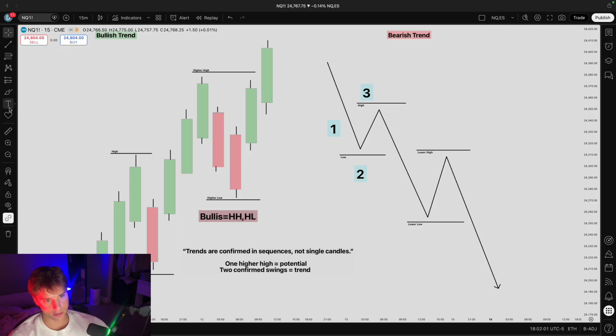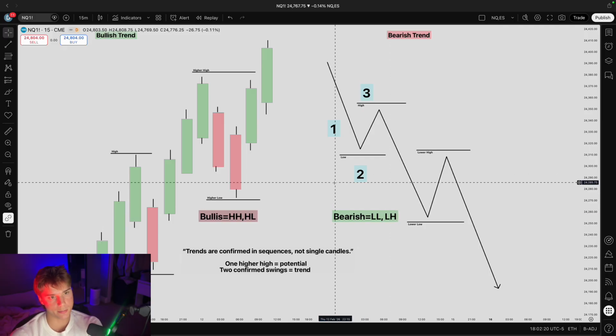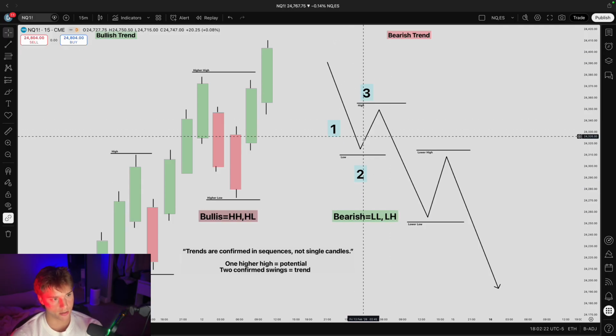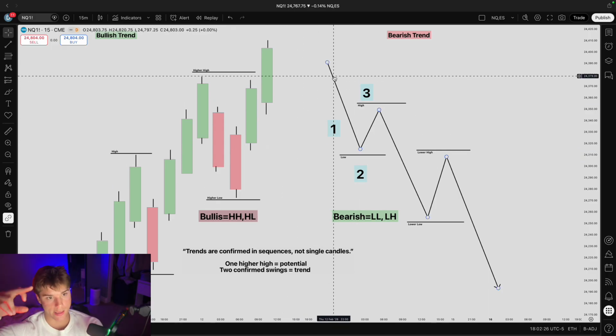But for bearish, which we're about to go over, we'll change the color. Equals lower low and lower high. What this means on a bearish trend, you know it's bearish because it's going to the right and down.